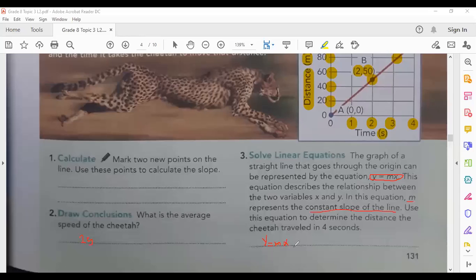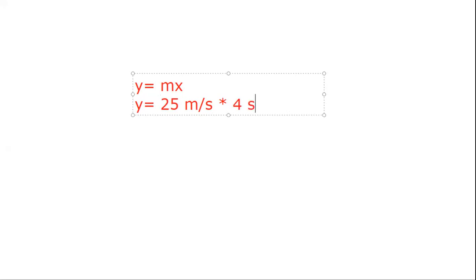Instead of y equals m, which is 25 meters per second, let's write it here. Y equals m times x. The distance y equals m, 25 meters per second, multiplied by x, which is 4 seconds. Okay, this equals what?